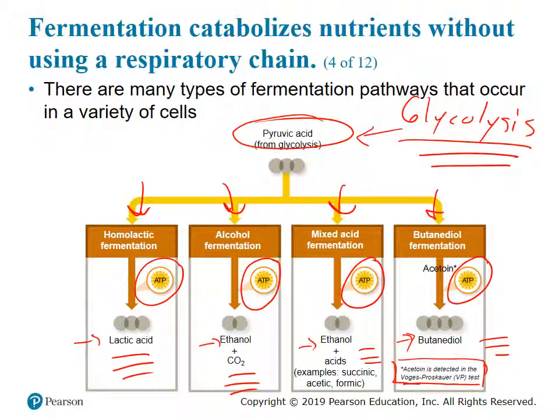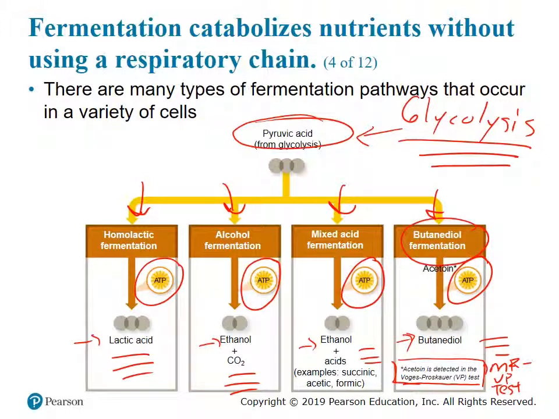And many of you will actually inoculate an MRVP test this week. And whatever organism you're inoculating the MRVP test tube with, if there is growth, it can test positive for this type of fermentation.